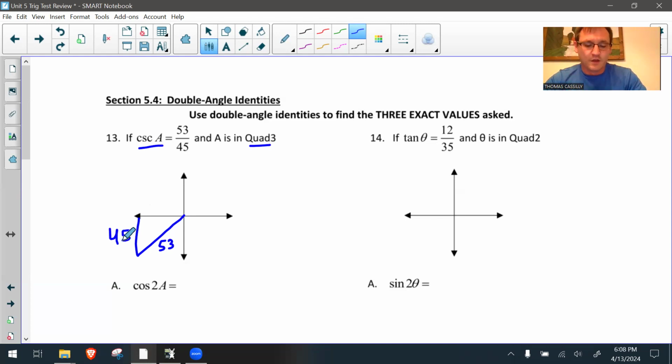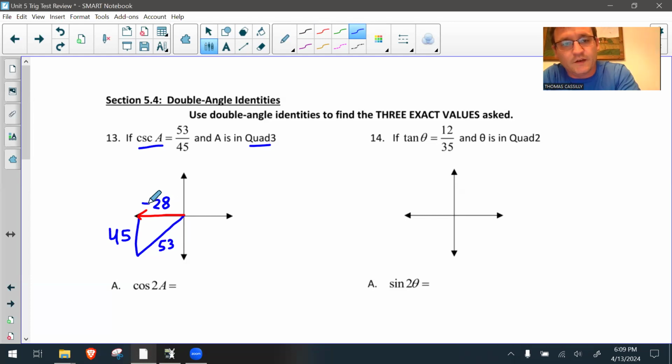Those aren't going anywhere. So again, just another Pythagorean theorem problem. 53 squared minus 45 squared gives us 784, which is 28. I mentioned this in the last video: it is going to the left, so we're just going to throw a negative sign on that 28.